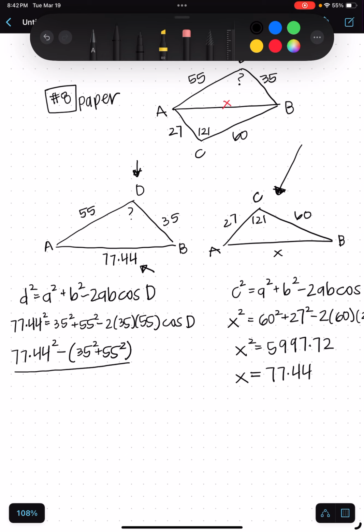And then we're going to divide by negative 2 times 35 times 55. That's equal to cosine of D.